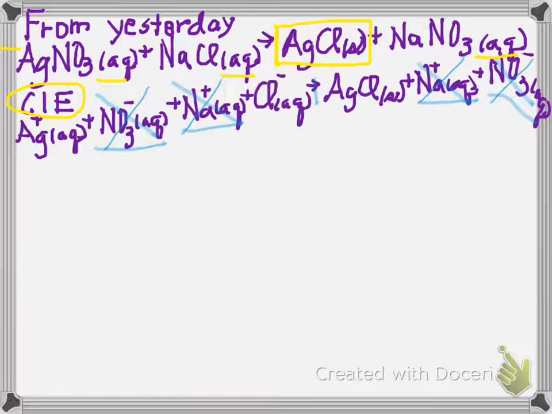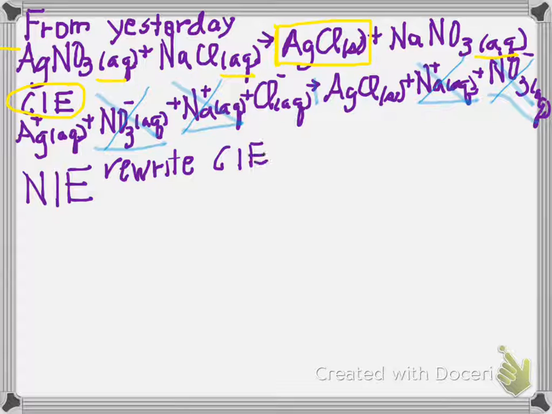So to get my net ionic equation, all I have to do is rewrite my complete ionic equation, leaving out the spectator ions. So we're going to rewrite our complete ionic equation without those spectator ions.